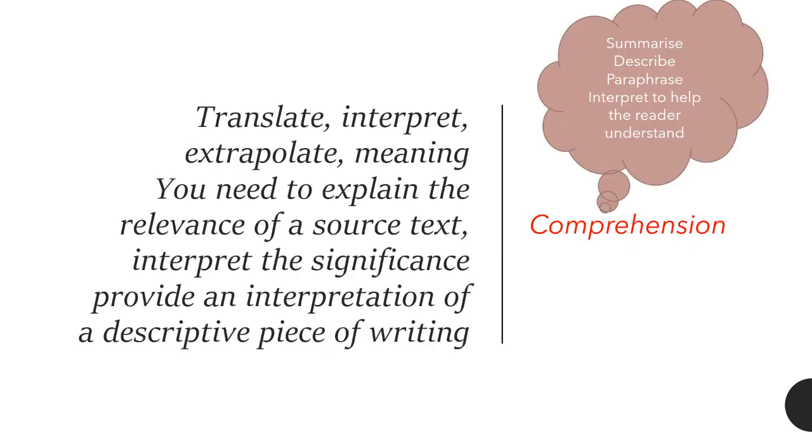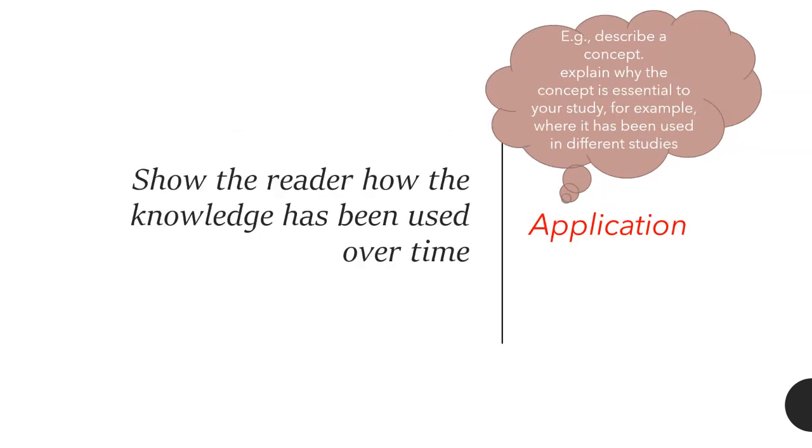When we start working on a comprehensive level, one level up, that's when we start to translate, interpret meaning, explaining the relevance of sources, you interpret the significance. This is when you go one level up, and that is in comprehension. So when we start paraphrasing, when we interpret to help the reader understand, we are moving one level up and we are at the level of comprehension.